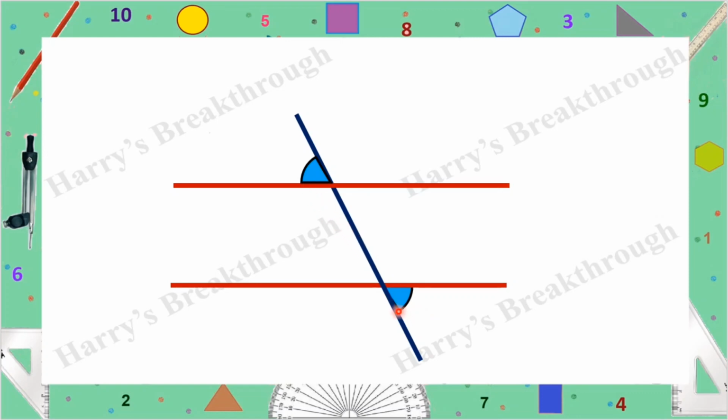These two angles are at reverse positions. The first angle is above this horizontal line and left side of slanted line. And the second angle is below the horizontal line and right side of the slanted line. That means these two angles are at reverse positions. Can you find any other pairs like this?